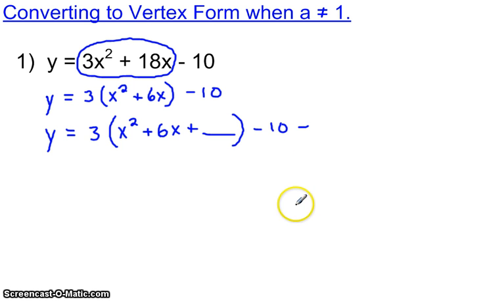But here's the catch. See this blank here, it's sitting in the parentheses, it's getting multiplied by 3. So we have to do the same thing here. We have to multiply 3 times the blank here to make this even, because this one's getting multiplied by 3, this one better be too.